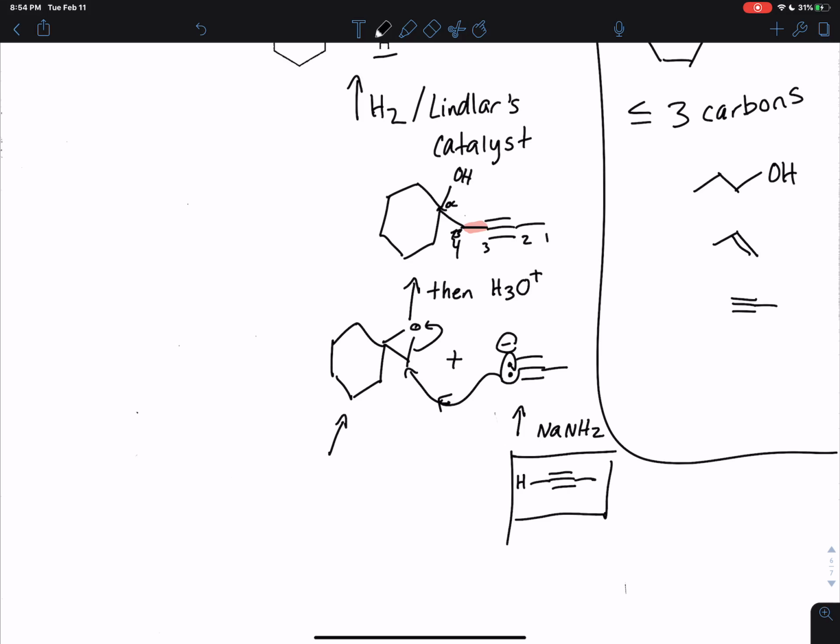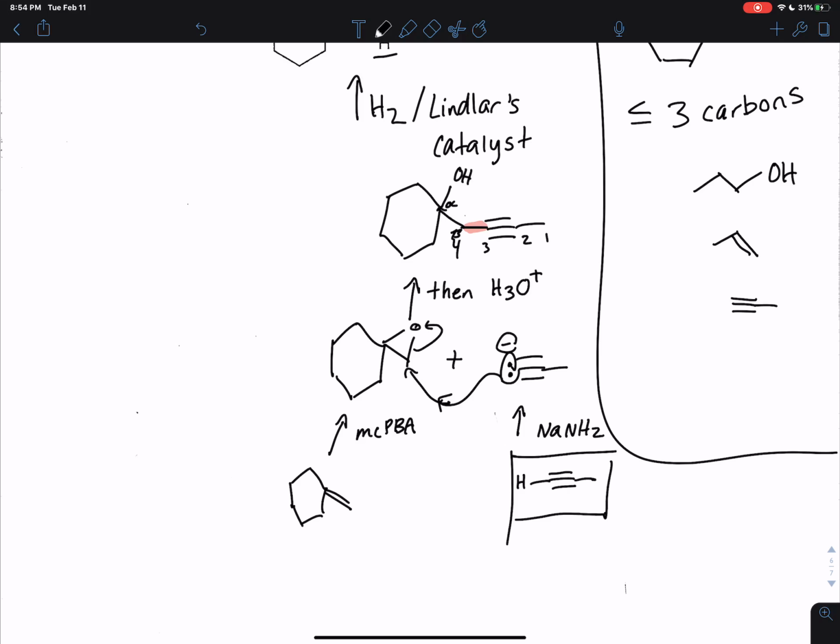Okay. So now we have to ask ourselves, how do we form the epoxide? Perfect. So what was our functional group before that? Alkyne, perfect. So the carbons that now are involved in the epoxide must have been involved in the alkene. Okay? We hit it with MCPBA, that gives you the epoxide.